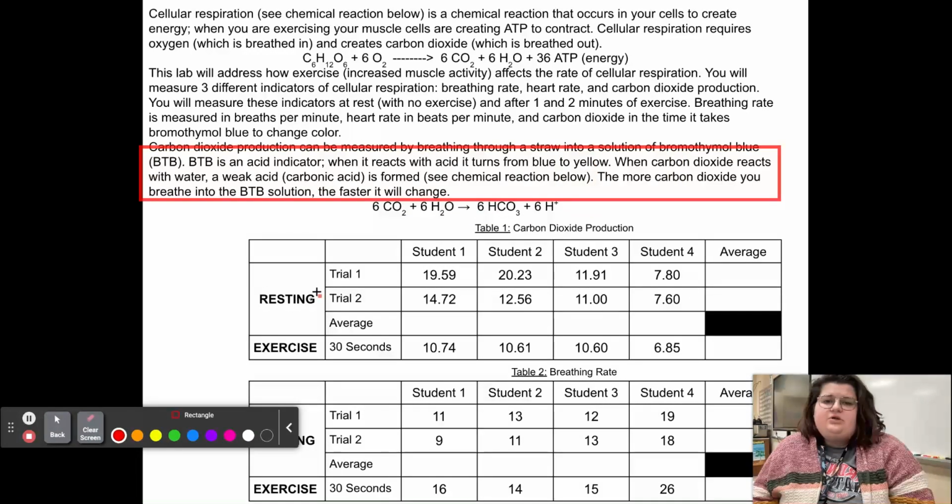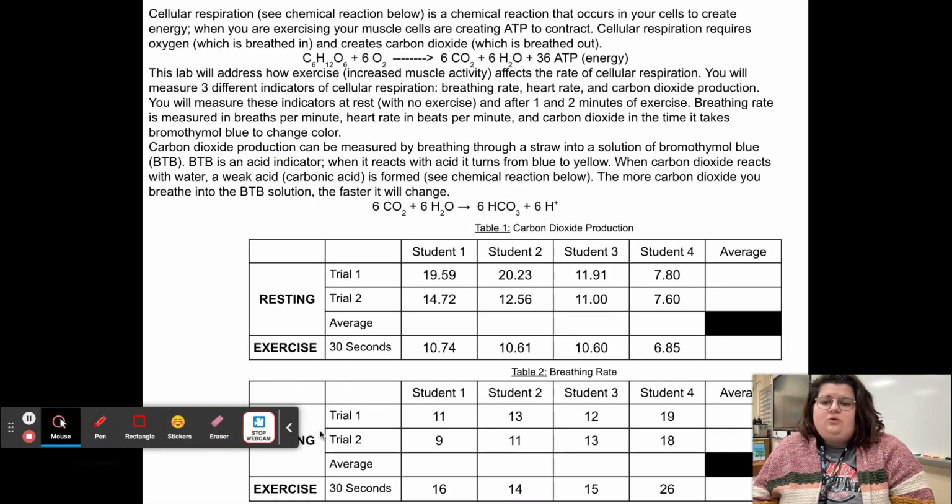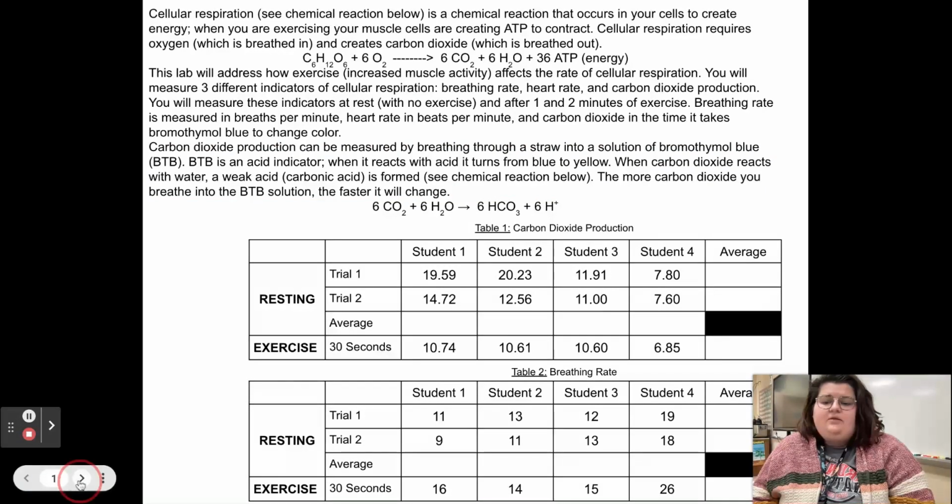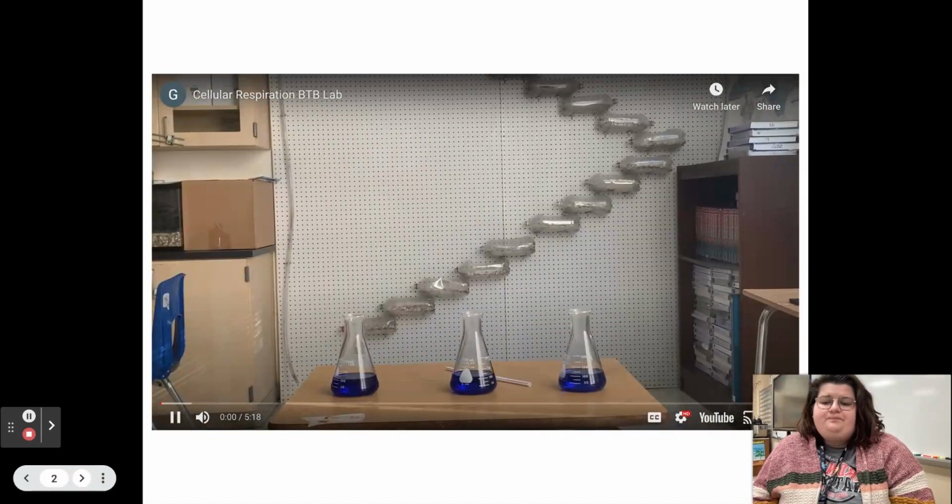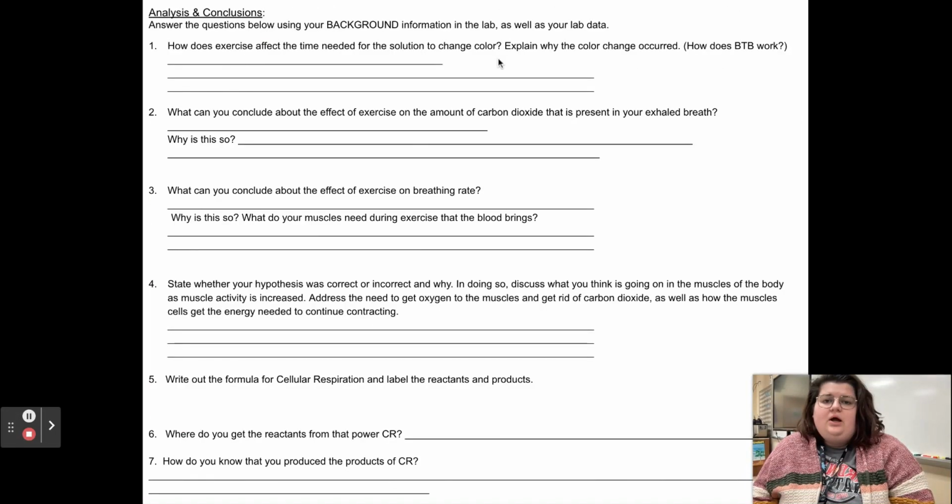So carbon dioxide production is measured with BTB. The more carbon dioxide you produce, the faster it is going to change. BTB reacts with acids. So as we make more carbon dioxide, we're going to have more carbonic acid, and it's going to go through that color change faster.